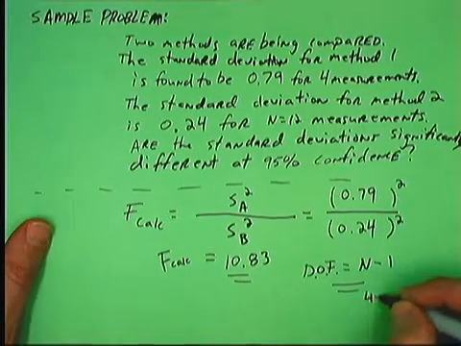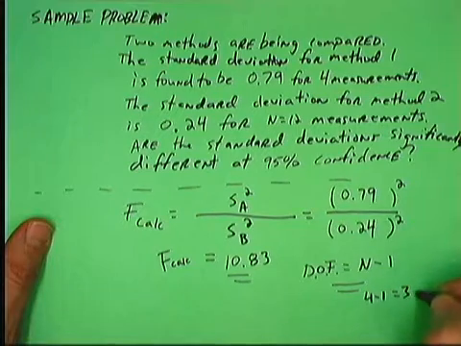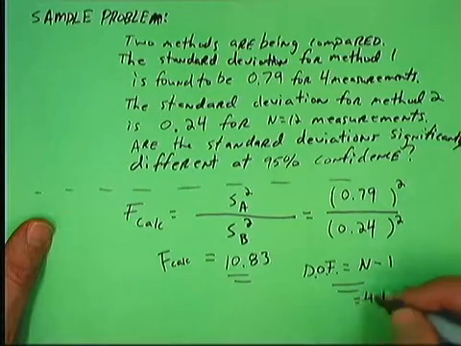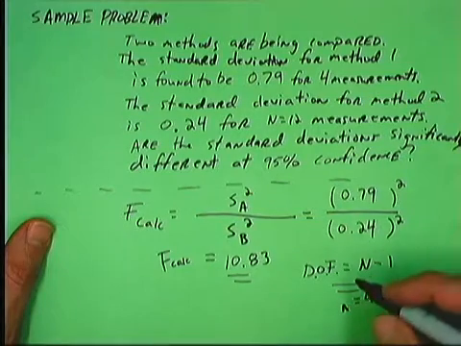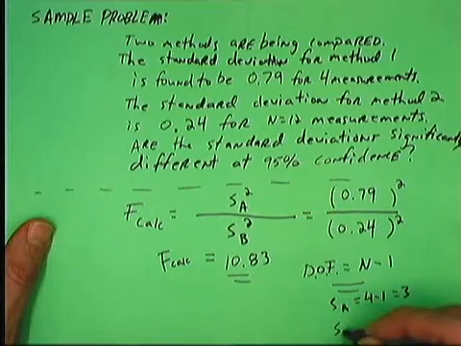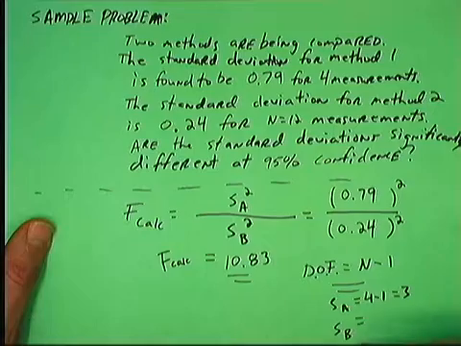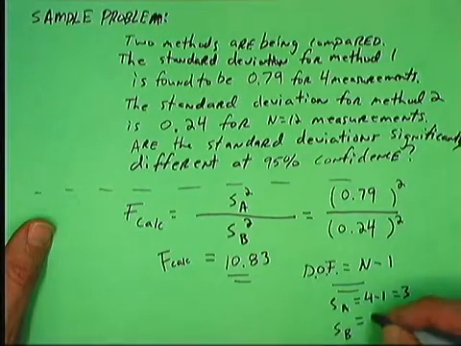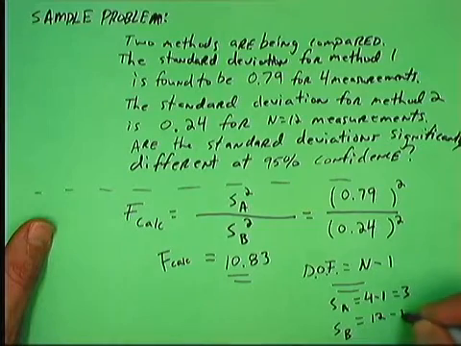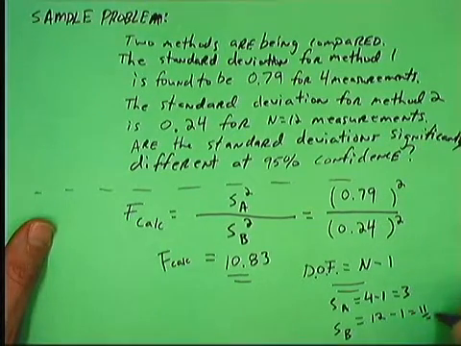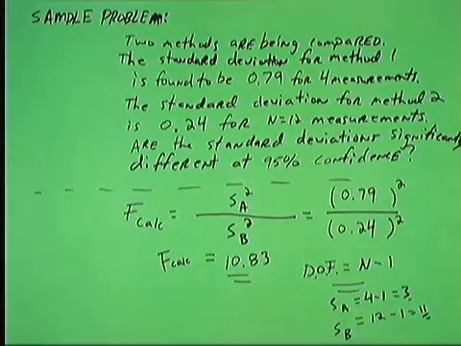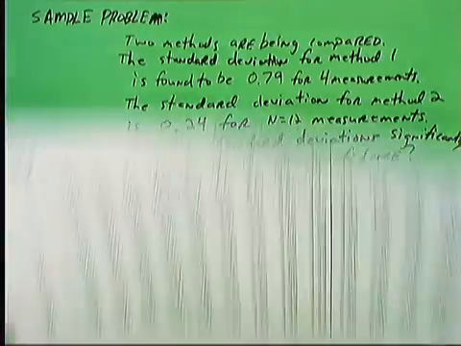So 4 minus 1 is 3, and that's the degrees of freedom for data set A, or S1. Do a similar calculation for data set B. Here we had 12 replicate measurements, many more. But the degrees of freedom is still n minus 1, so here that makes 11. So S_A is 3, S_B is 11.